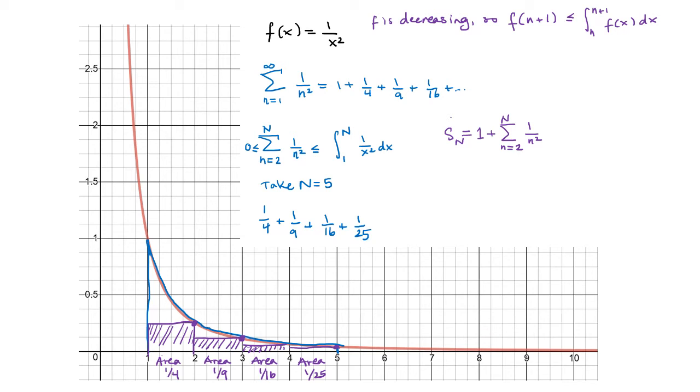So this is going to be the Riemann sum with width of 1 using the right endpoints.